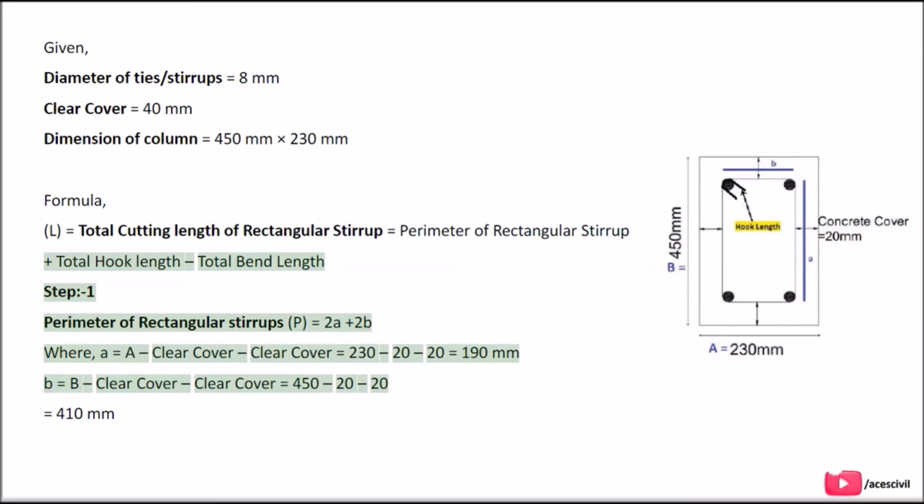Step 1: perimeter of rectangular stirrup P equals 2A plus 2B, where A equals 230 minus 2 times clear cover equals 230 minus 40 equals 190 mm, B equals 450 minus 2 times clear cover equals 410 mm.